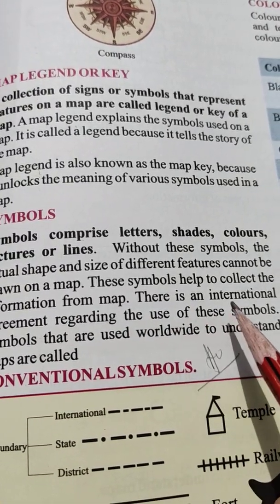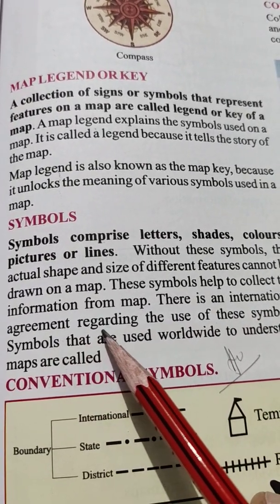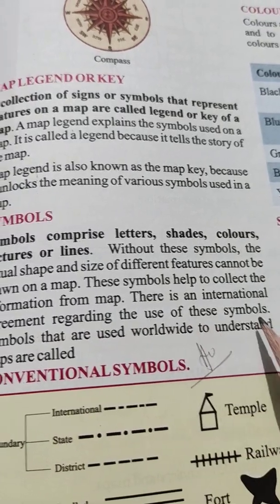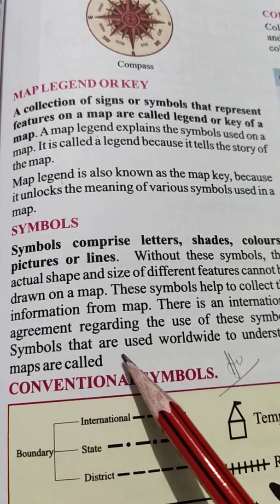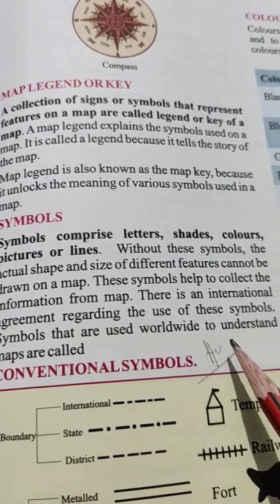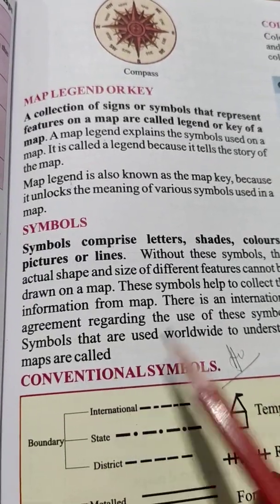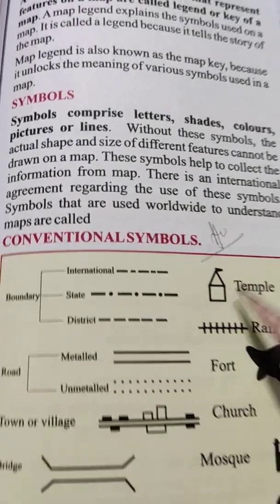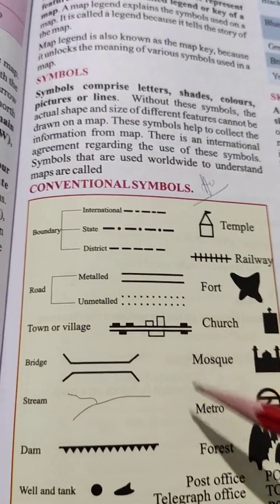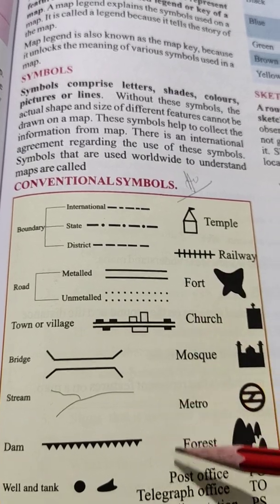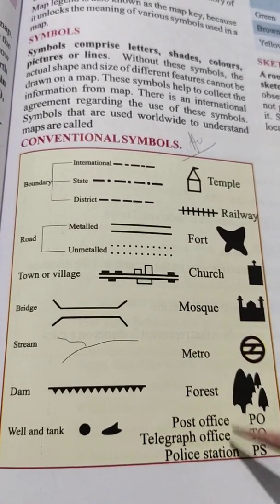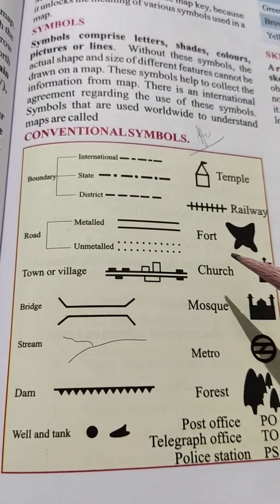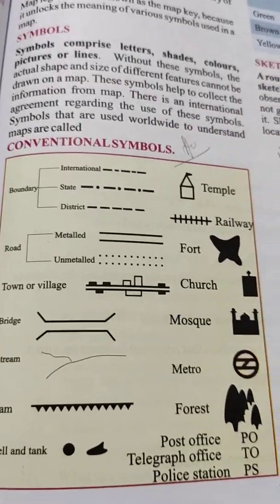There is an international agreement regarding the use of these symbols. Symbols that are used worldwide to understand maps are called conventional symbols. Students, see, these are the symbols you draw and write in the copy. This is homework.